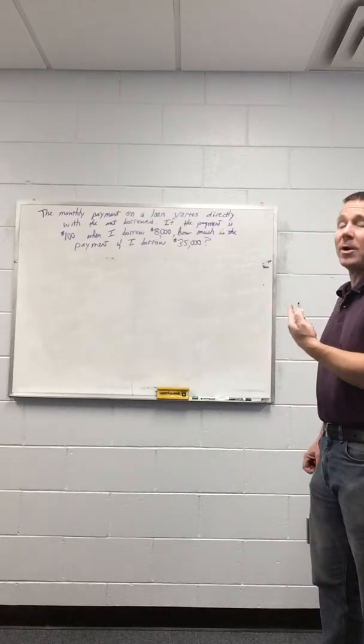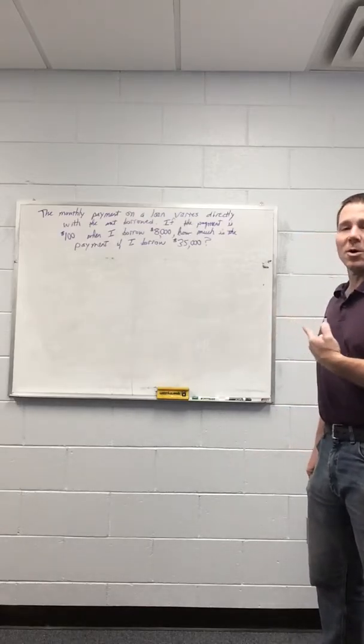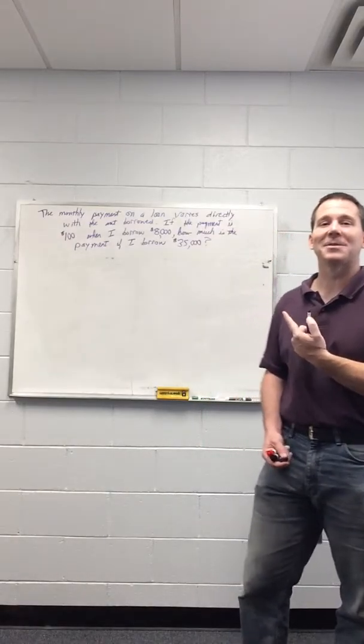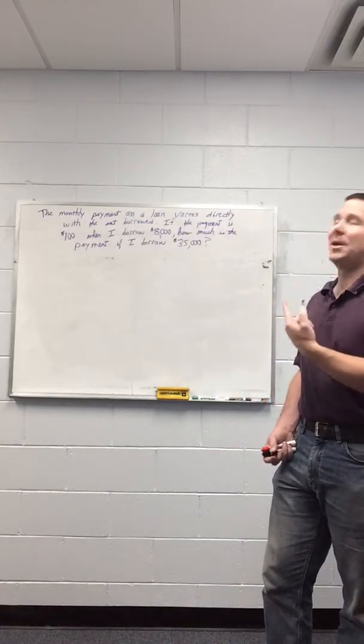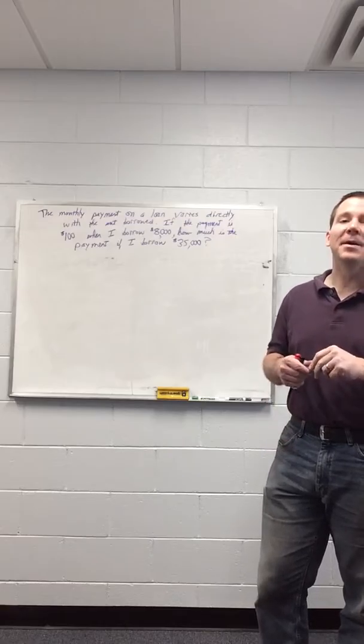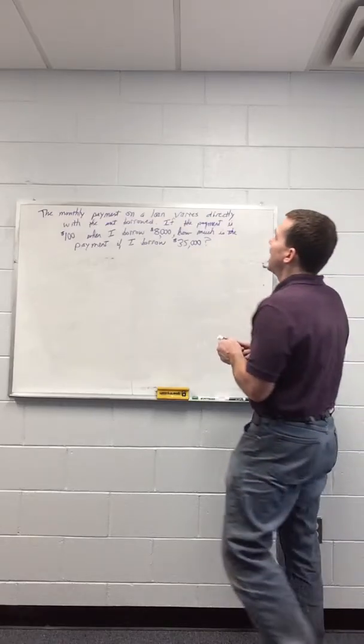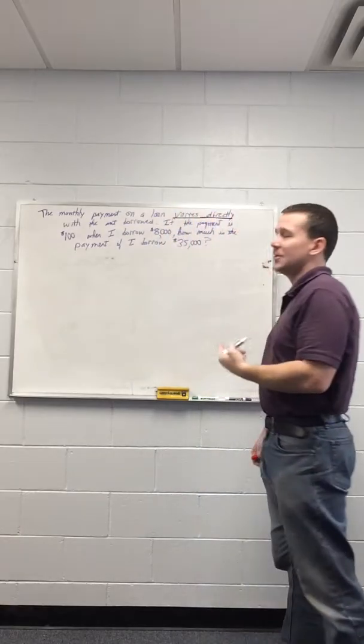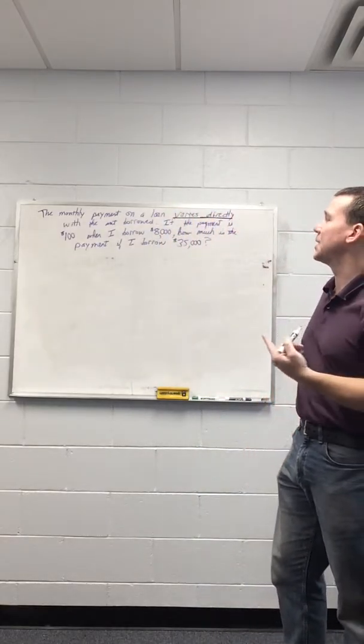One thing I will point out: these word problems are probably going to be the wordiest of word problems that we go over, because we can have a lot of information in the problem. But don't get lost in all of that. As soon as you see the monthly payment on a loan varies directly, you're done. You can immediately generate an equation.